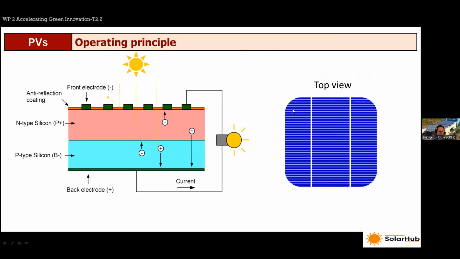The case of silicon-based cells is this. We have a structure that consists mostly of silicon, but it's doped with two kinds of additional chemical elements.